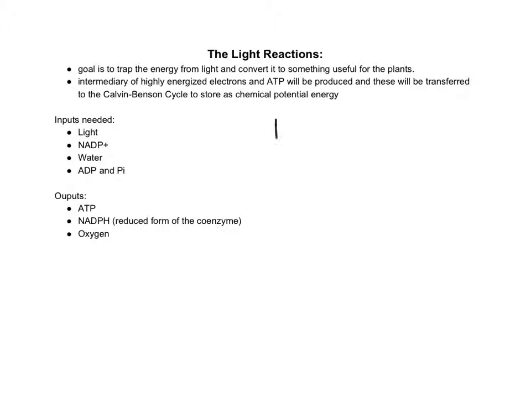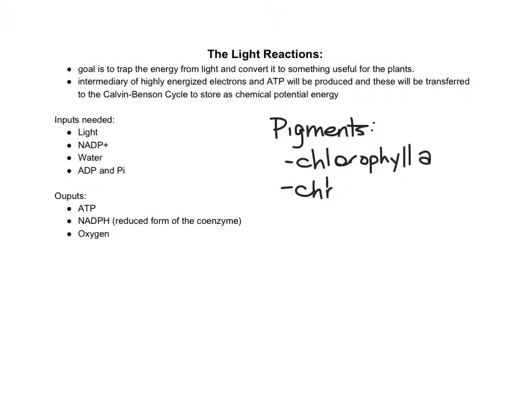Okay, so we look at pigments, and often with pigments, in green plants you have chlorophyll A, chlorophyll B, xanthophyll is another one, and your carotenoids.